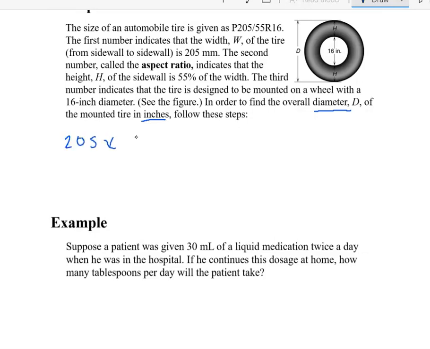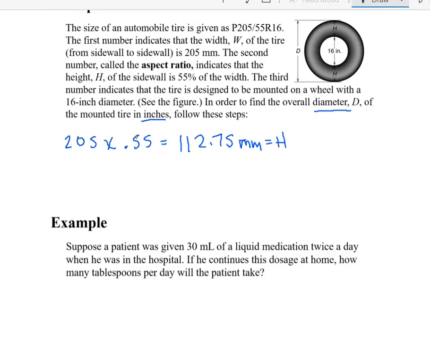205 times 55%. Okay, so we've got 205 times 0.55. That's getting me 112.75 millimeters, and that's the h part of this.